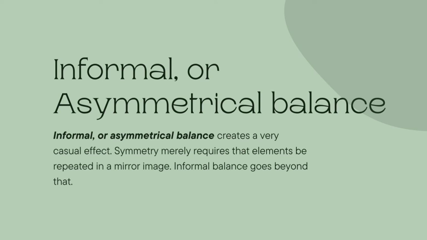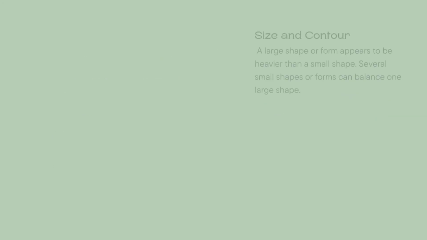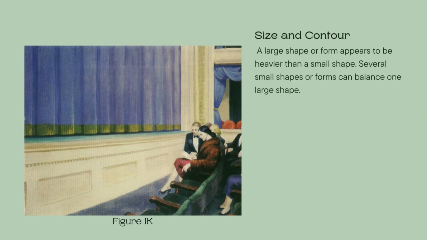Many factors influence the visual weight, or the attraction that elements such as hue, intensity, texture, position, value, size, and shape in a work of art have for the viewer's eyes. There's size and contour. A large shape or form appears to be heavier than a small shape. Several small shapes or forms can balance one large shape.